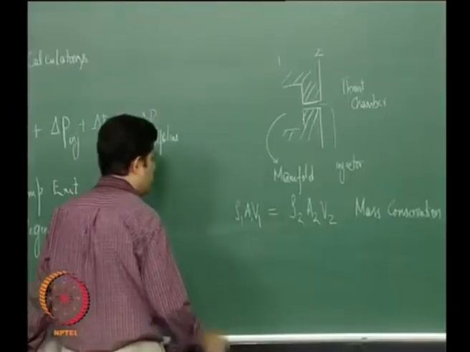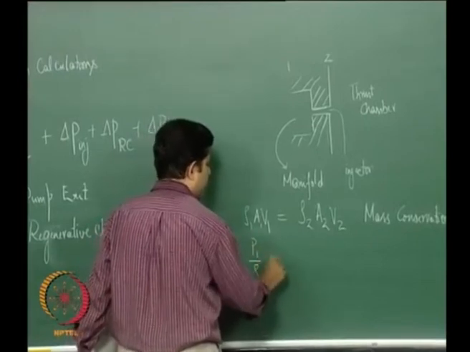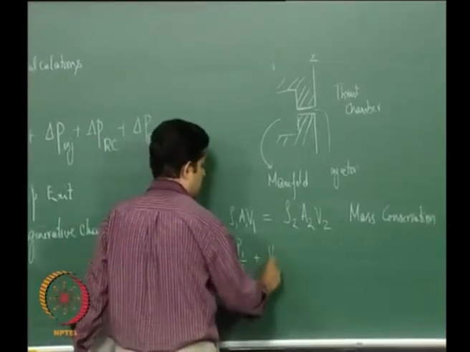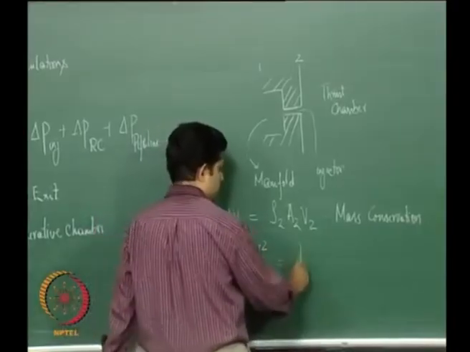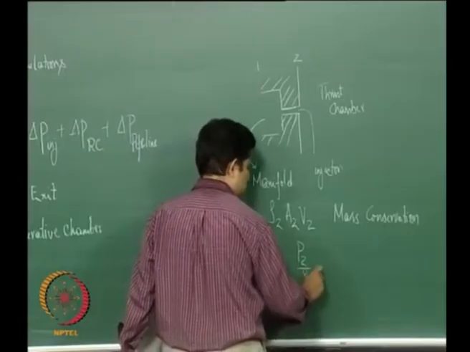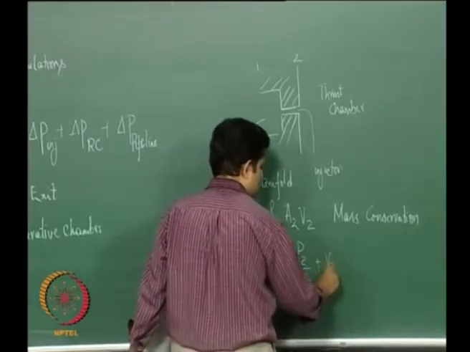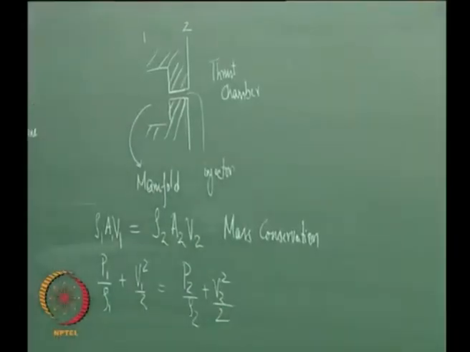Then momentum conservation is P1 by rho 1, right.